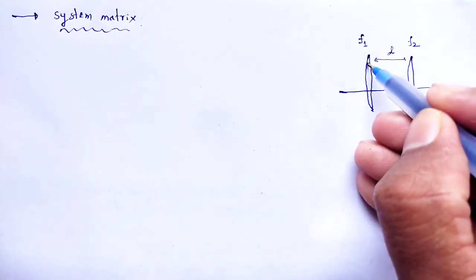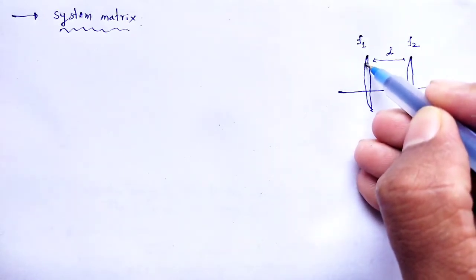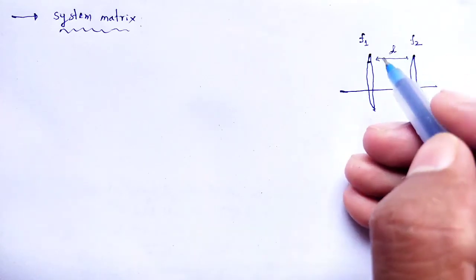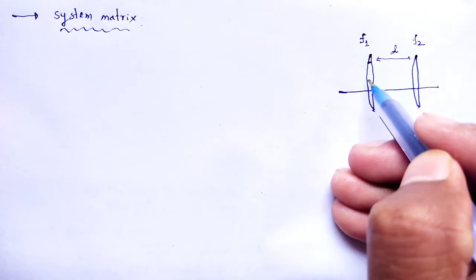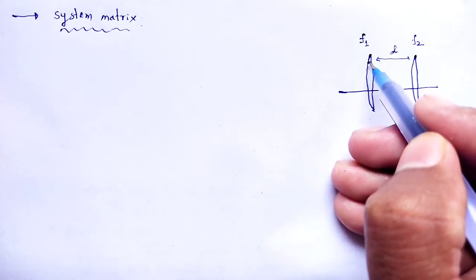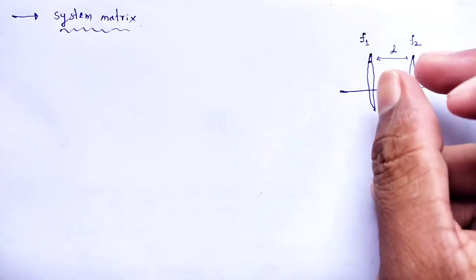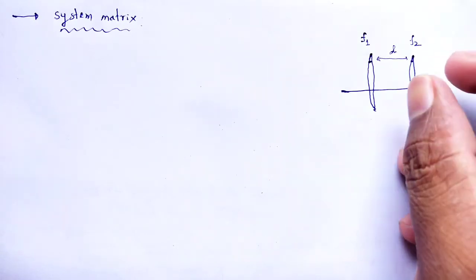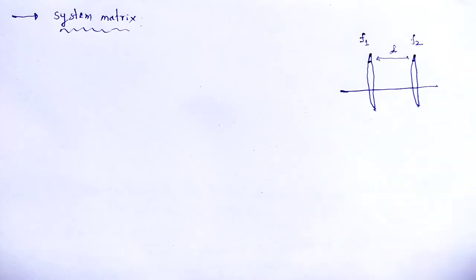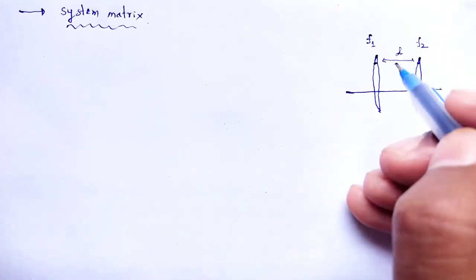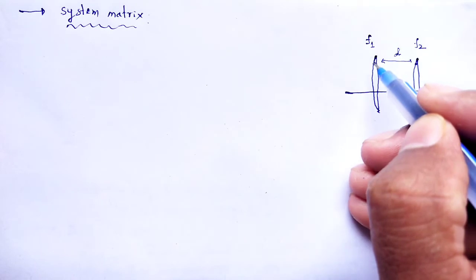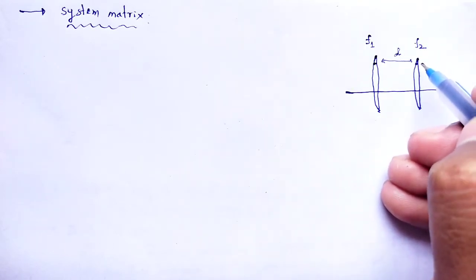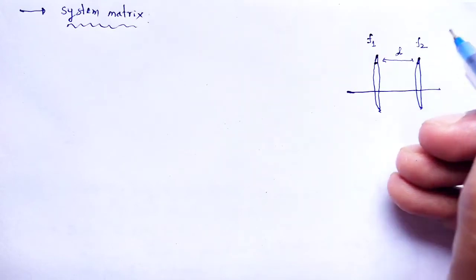Then at that surface, due to the thin lens, here t tends to 0, and at that particular plane the phenomenon of refraction takes place, then translation takes place, and at that surface the phenomenon of refraction takes place. So here we get the matrix for refraction, the matrix for translation, and the matrix for refraction also.